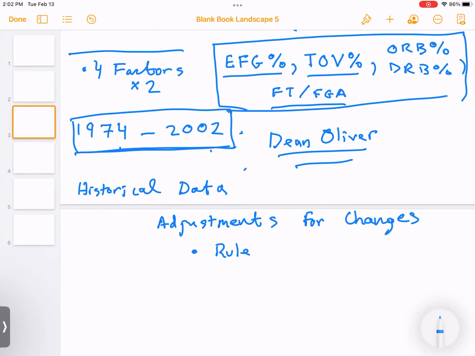Just give me a second. All right, do you see it?